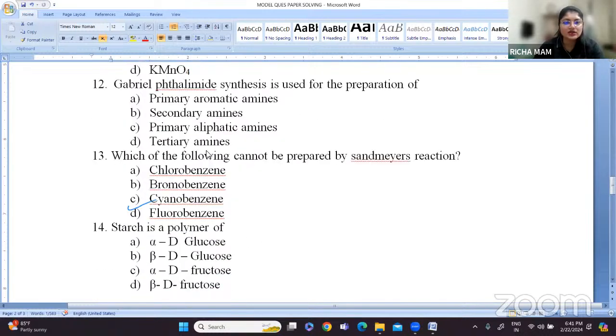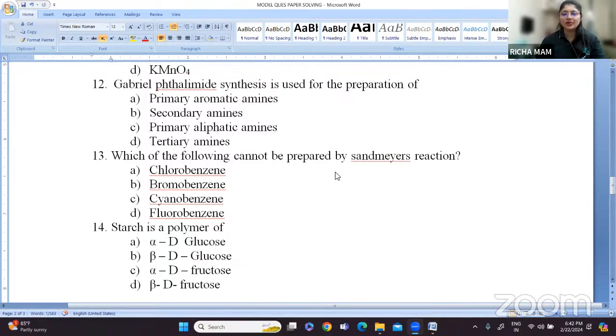Next question. Which of the following cannot be prepared by Sandmeyer's reaction? A. Chlorobenzene, B. Bromobenzene, C. Cyanobenzene, and D. Fluorobenzene. Priyanka has answered it as D. Dhanush has answered it as D. Vedvati has answered it as D. Divya and Apurva have also answered it as D. What is Sandmeyer's reaction, students?